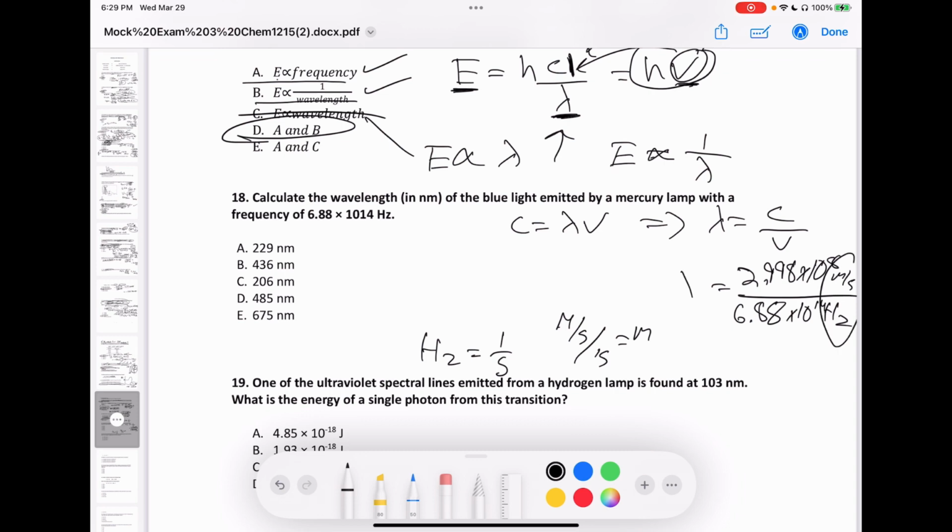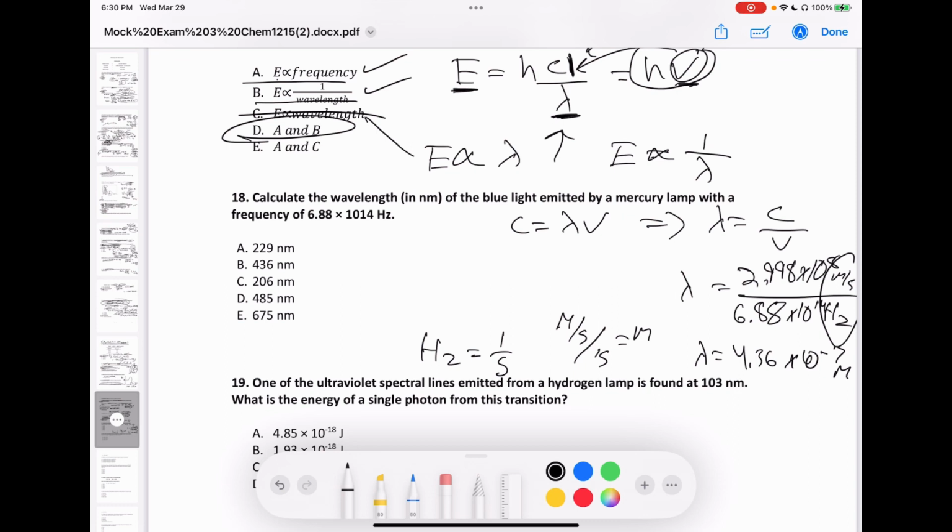Then the wavelength is going to be equal to, abbreviating the speed of light as 3 times 10 to the 8th, 4.36 times 10 to the negative 7th meters.